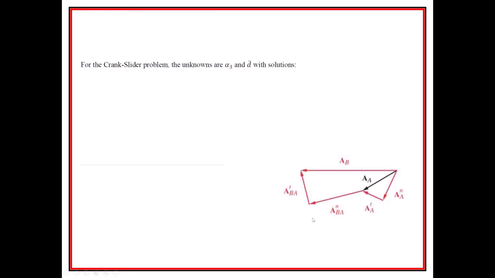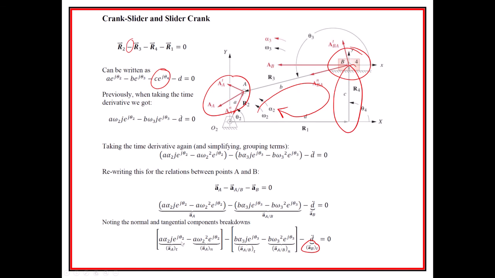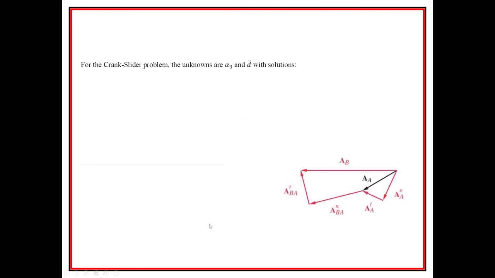Now, once we get done substituting the Euler identities, which I didn't do here, but I think it is done in the book so that you can look it up and see for yourself. When you go for the crank slider, it's the alpha 3 and the D double dot, right?